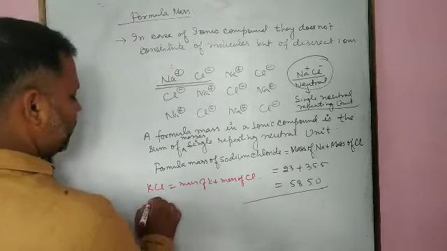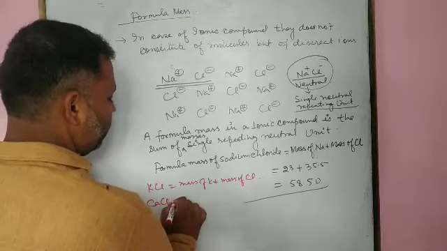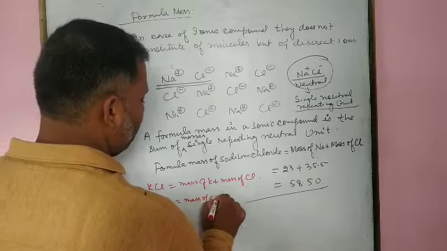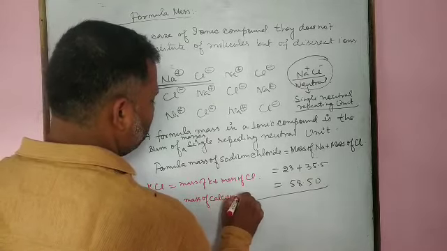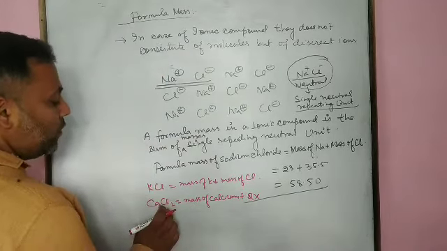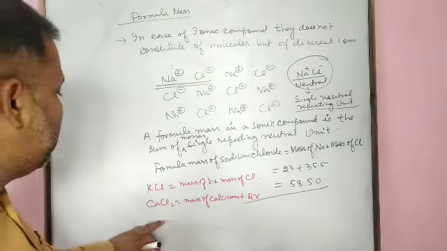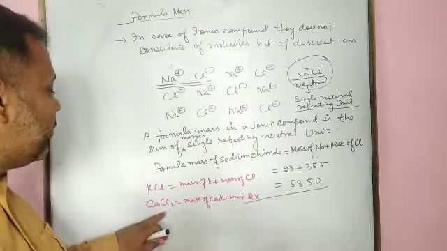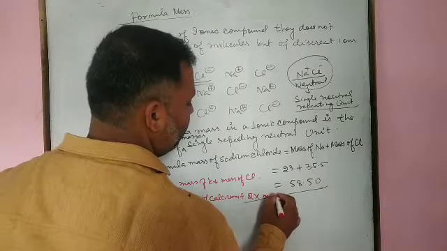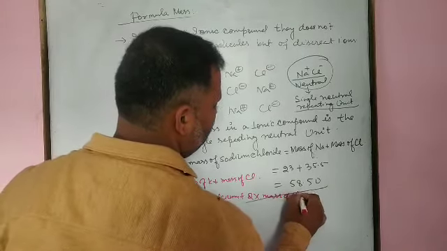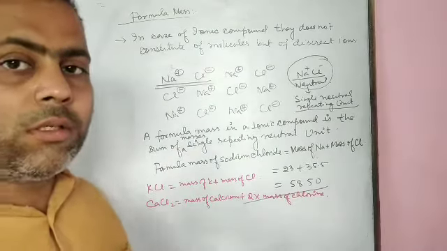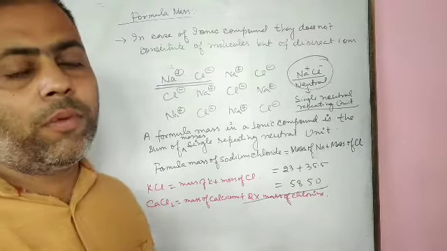In case of CaCl2, we have to add the mass of calcium plus 2 into the mass of chlorine, because 2 chlorines are there, which add up to give a neutral species. It means we have 1 calcium and 2 chlorine. So the mass of calcium plus 2 into the mass of chlorine gives the formula mass. This is how you can calculate formula masses.